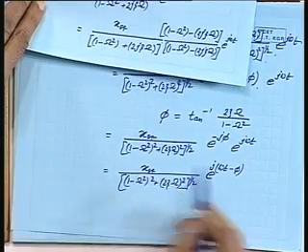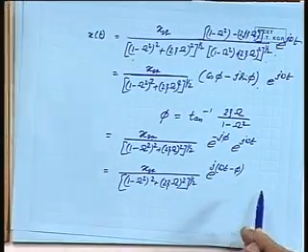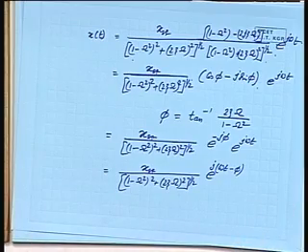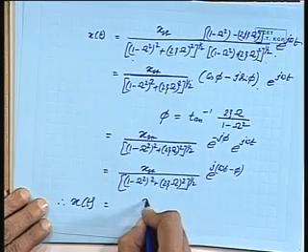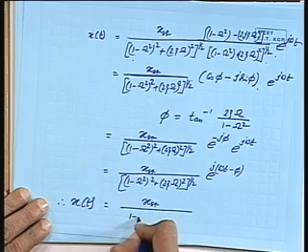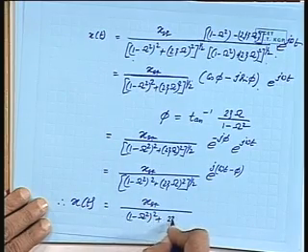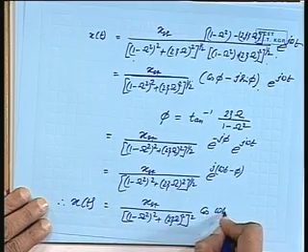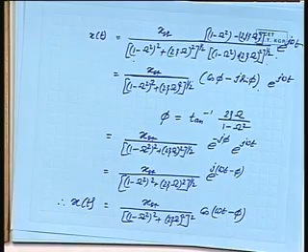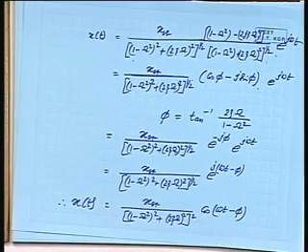So, this part is now free of j, only e to the power j(omega t minus phi) is there, and what I am bothered about, because I started with a forcing function f0 e to the power j omega t, the real part of it, and I am coming to a solution which also has something here and e to the power j(omega t minus phi) here, and therefore, when I started with the real, I will take the real part, and therefore, x of t is nothing but x_st divided by, if I take the real part of it, then the response is given by, so this is the expression for steady state response.